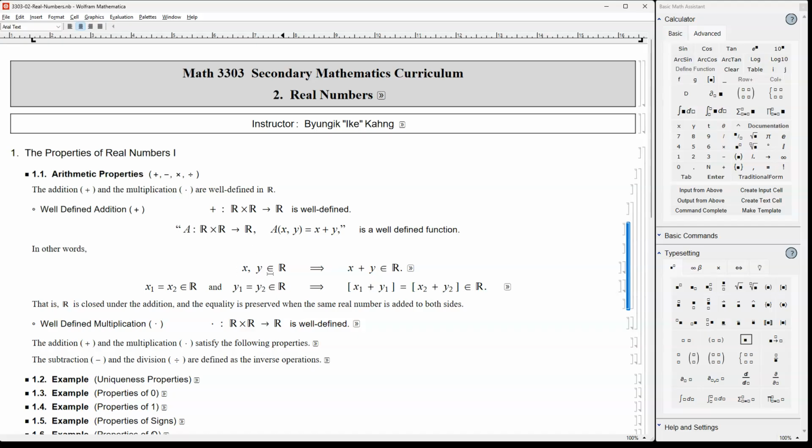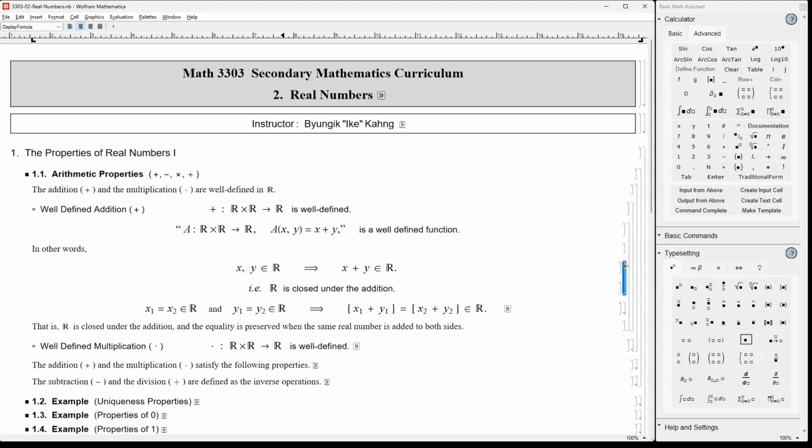So anything from the domain must be matched to something in the target. Domain and target. And this gives rise to the first property that R is closed under the addition. Alright? Closed under the addition. So it's part of being well defined.